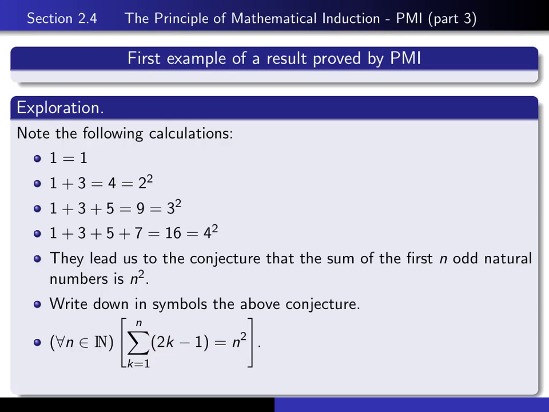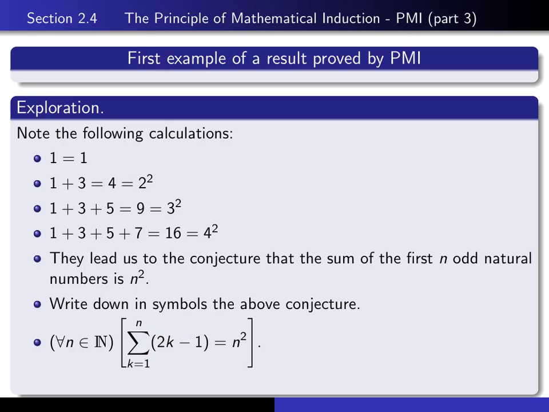So if k is equal to 1, you'll notice 2k minus 1 is 1. So the very first term is the first odd natural number, 1. There are clearly n such terms because k is running from 1 to n, and every one of these is odd. So that's our conjecture.